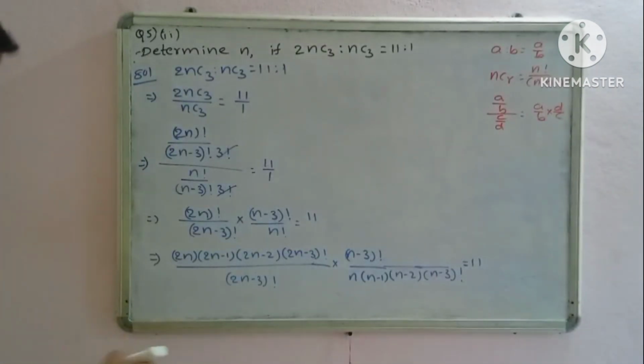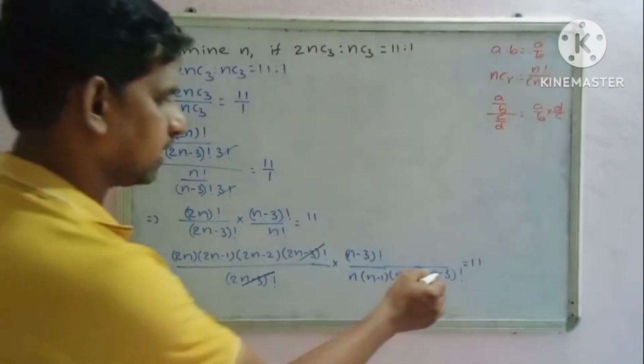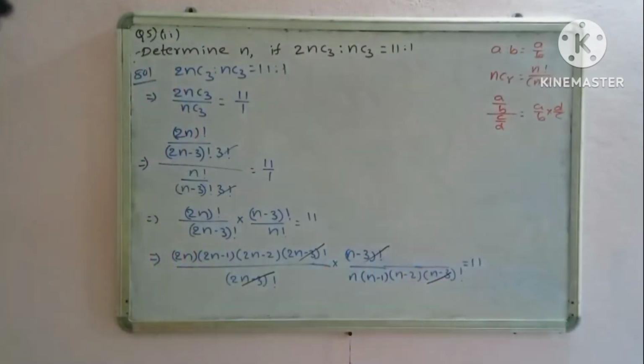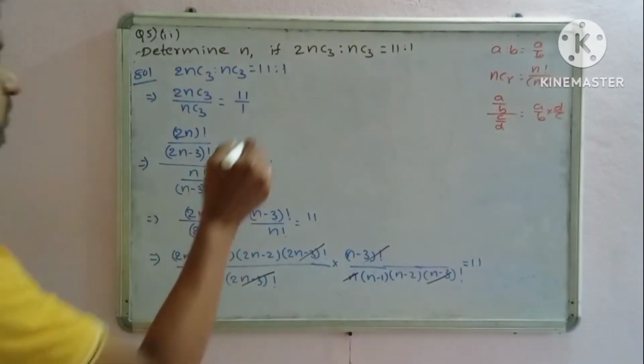Observe that 2n minus 3 factorial, 2n minus 3 factorial get cancelled. n minus 3 factorial, n minus 3 factorial get cancelled. n gets cancelled. Okay.